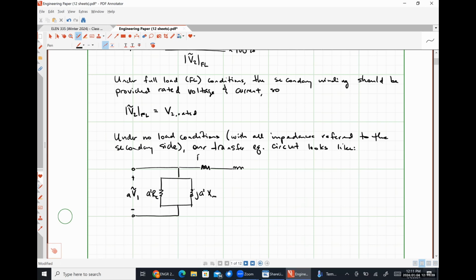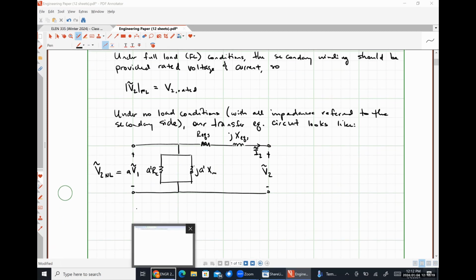This is the equivalent resistance of our secondary side, the equivalent reactance of our secondary side. And then this is our voltage V2. So this voltage way over here on the left is actually V2 under no load conditions.